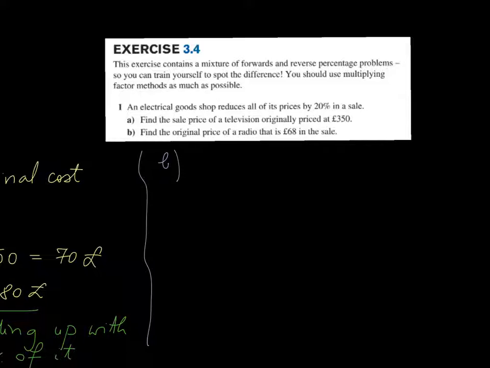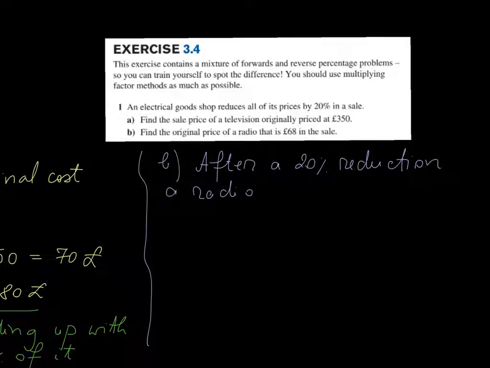I know there was a reduction of the price. I don't know what it was initially, but after a 20% reduction, I see on the shop the radio costs £68. And I would ask myself, what was it initially?